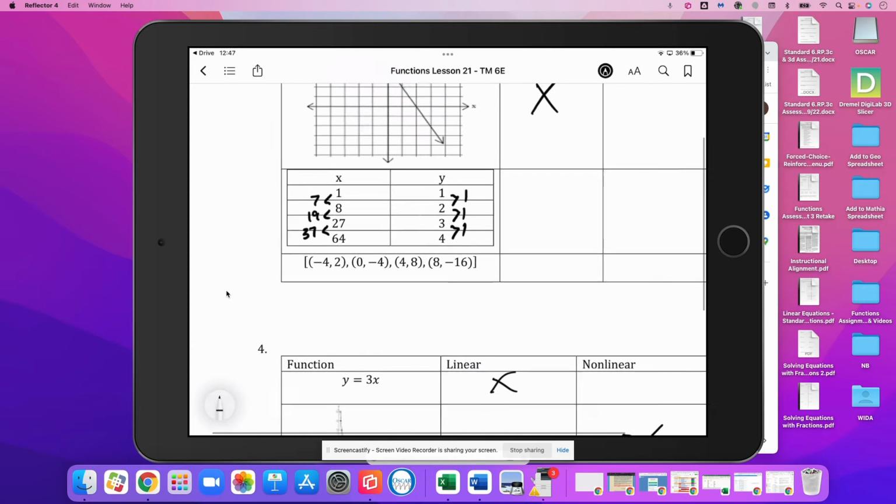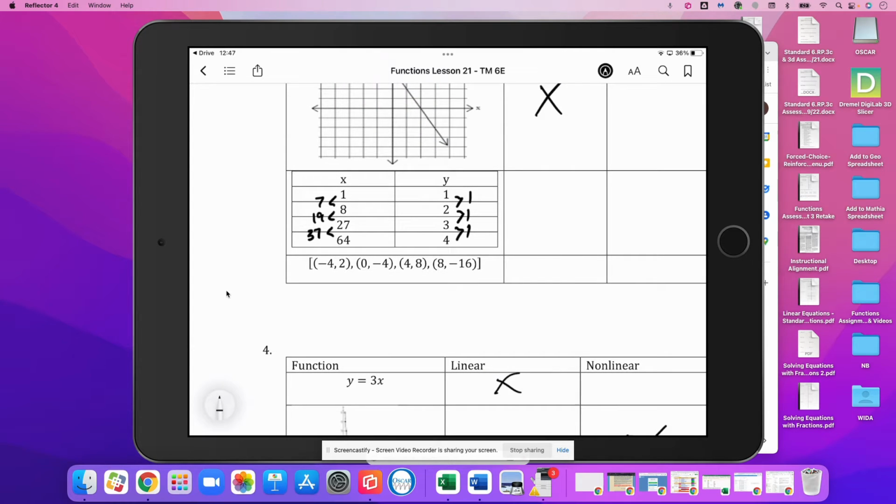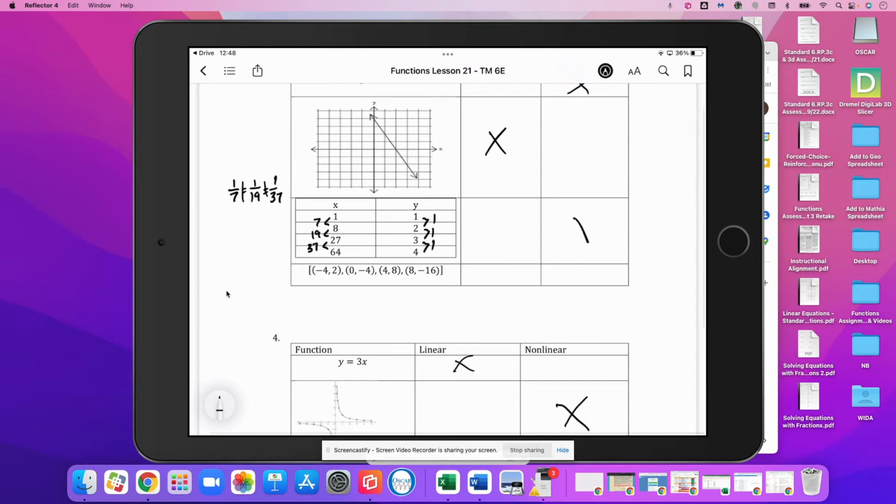Again, you would be trying to make the statement that 7 over 1 is equal to 19 over 1, and that is equal to 37 over 1. Those are not equal. We do not have a consistent slope, so that is nonlinear.